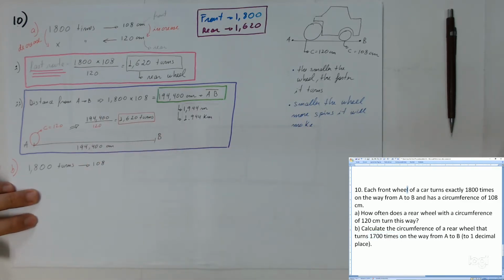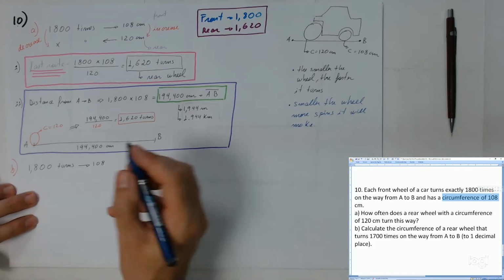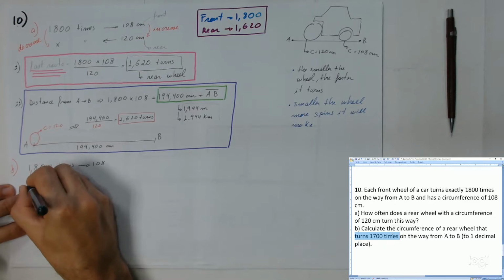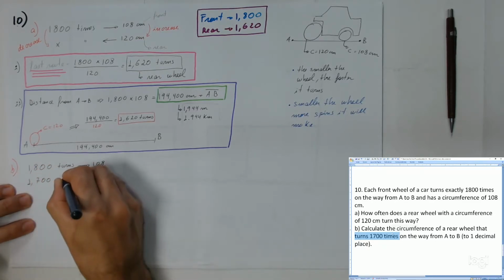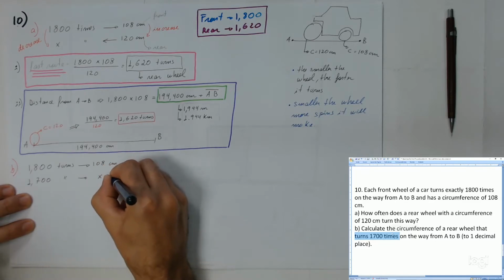Look, a wheel turns 1,800 times if it has a circumference of 108. It is being given to us, and now it is saying, okay, what is the circumference if a wheel turns now 1,700 turns? What is going to be this?